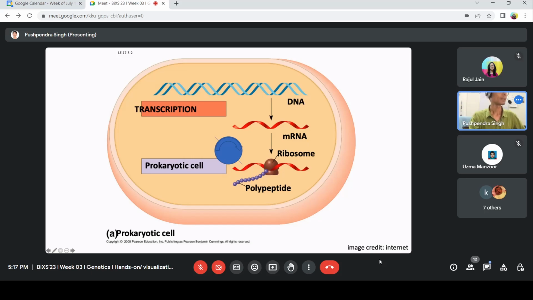But in other forms, different organisms are classified into prokaryotes and eukaryotes.